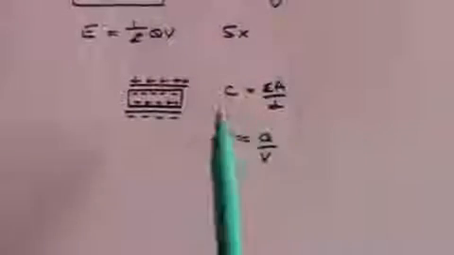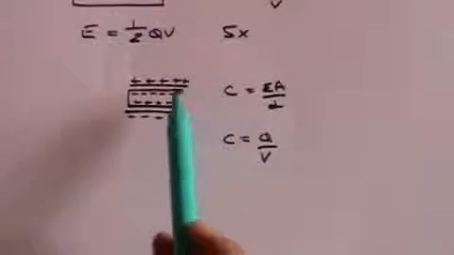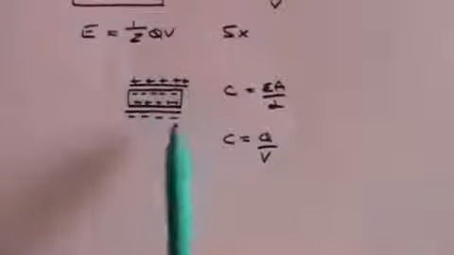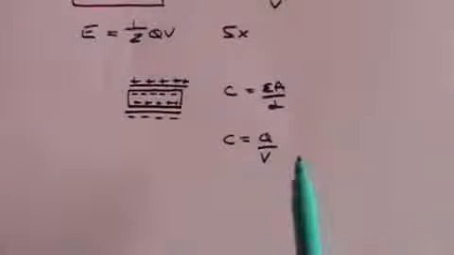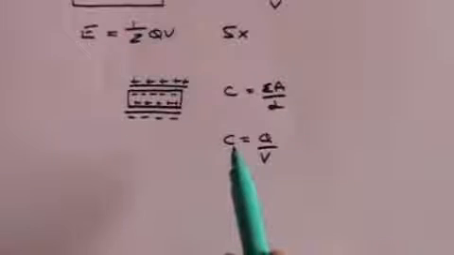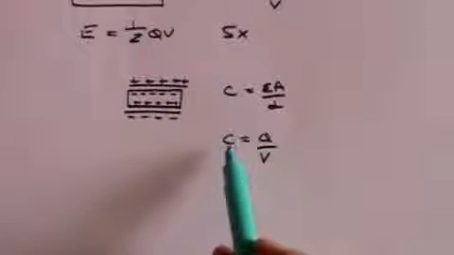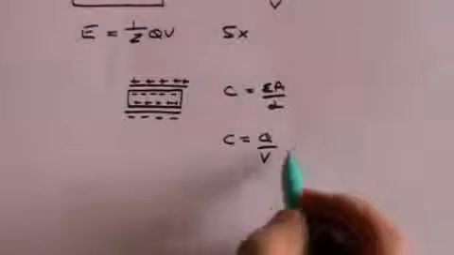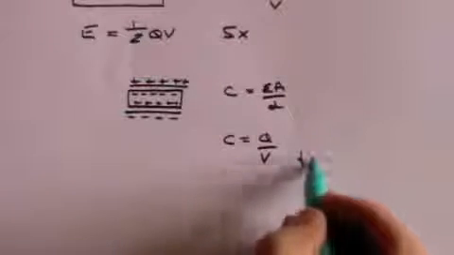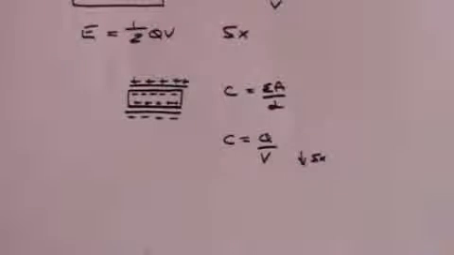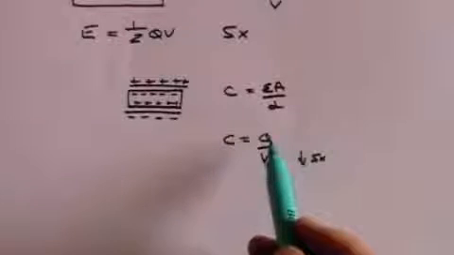But here there is no source of any extra charge. That charge is now fixed and trapped. You can't get any more charge. So if the capacitance increases by 5-fold, the only way that can happen is if the voltage decreases 5-fold, because the charge can't change.